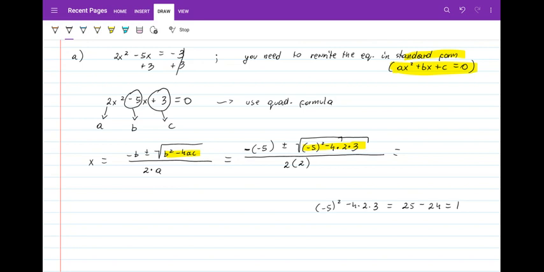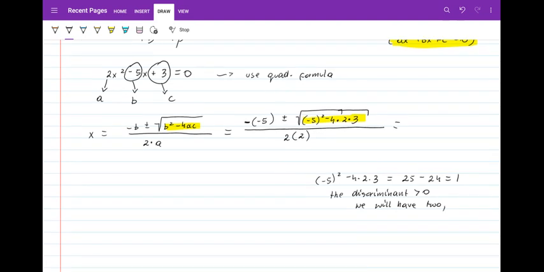And this is equal to 1. So I see that the discriminant is greater than 0. So we will have 2 real solutions, 2 unequal real solutions.